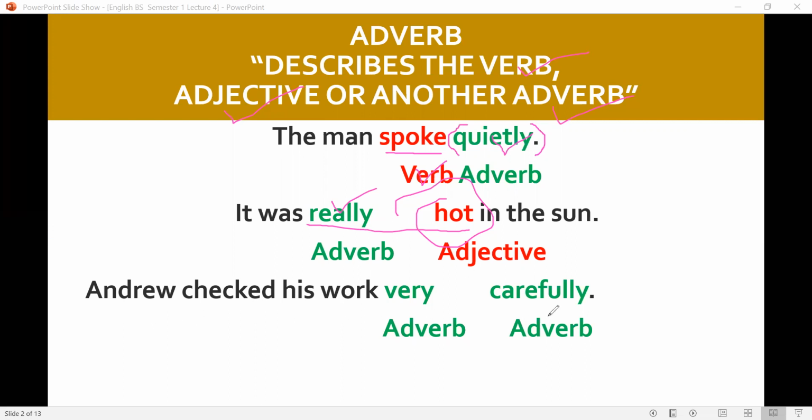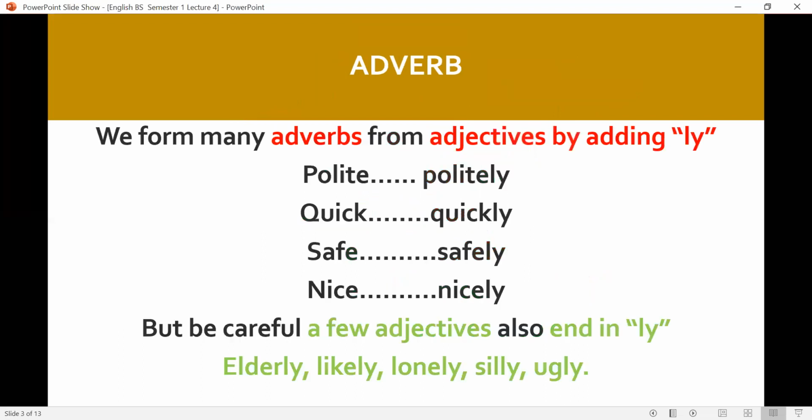Andrew checked his work very carefully. Carefully is an adverb, and this very is telling us how much care he is putting towards his work. So an adverb is adding to the meaning of, or clarifying, or explaining further the adverb.